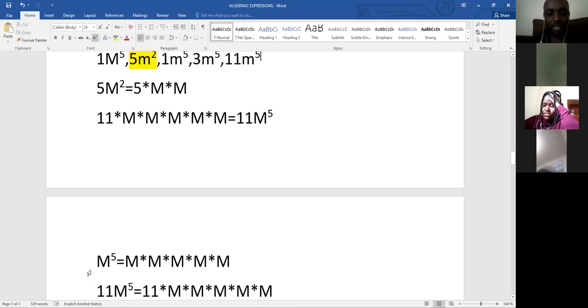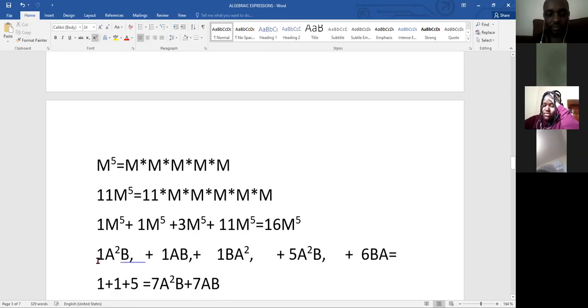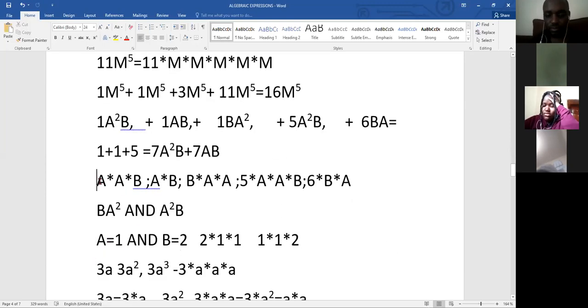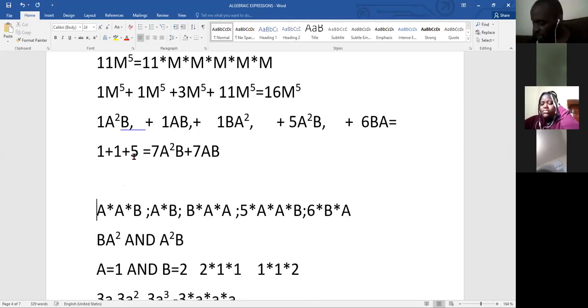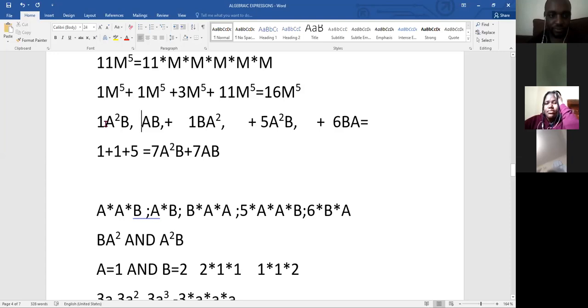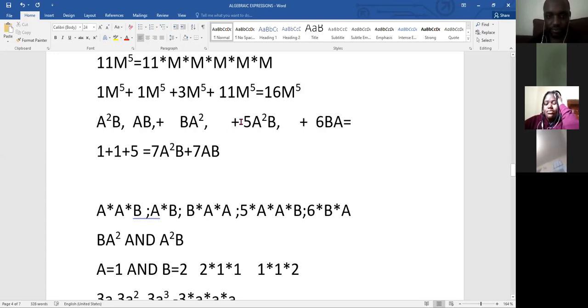You come here and then you look at another case. I think the other case was this: a squared b, AB, BA, 5a squared b, and 6BA.